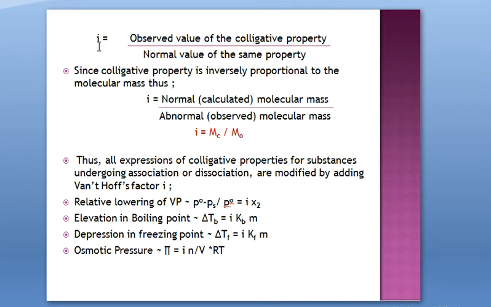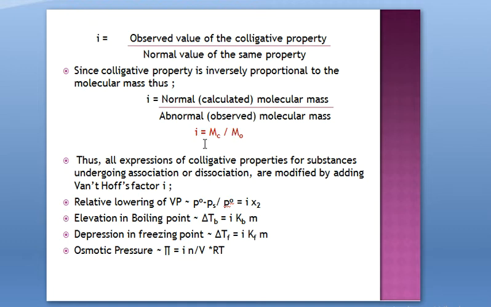In terms of colligative property, it is observed divided by normal. In case of molecular mass, it is calculated, normal, divided by observed. Since we call it abnormal molecular mass, we mostly use it in terms of molecular mass. So i is equal to Mc divided by Mo, calculated molecular mass divided by observed molecular mass.